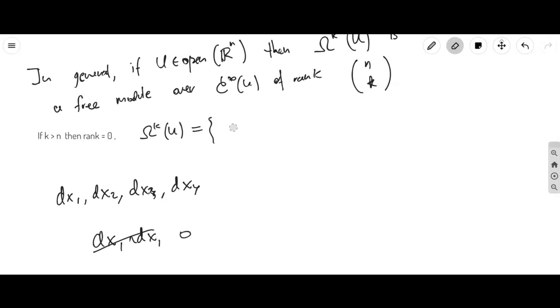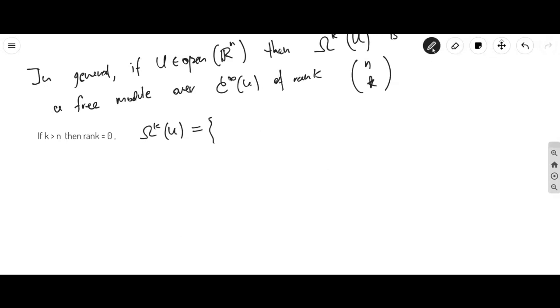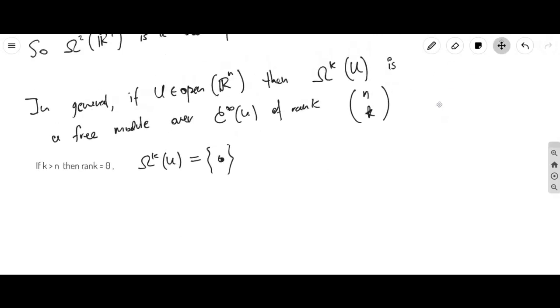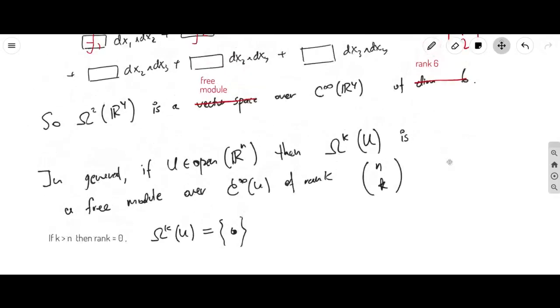At the very smallest, this would just be the set consisting of only the 0 form and nothing else. So then this would just be 0. It's not going to be the empty set. It would just be 0. Okay, so this is the simple observation that we have here.